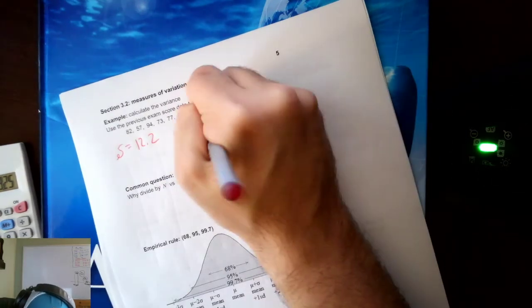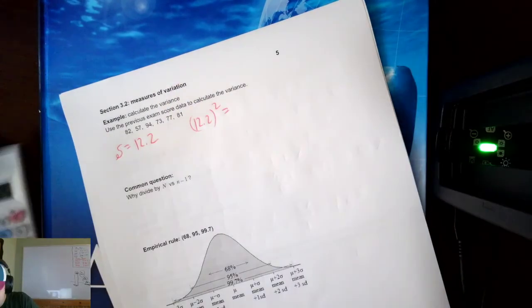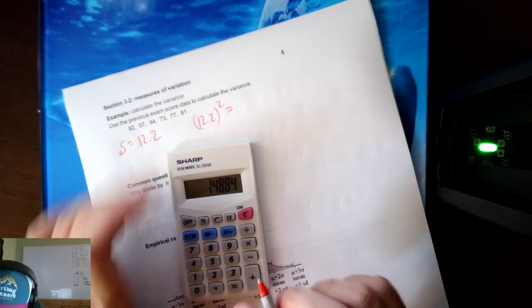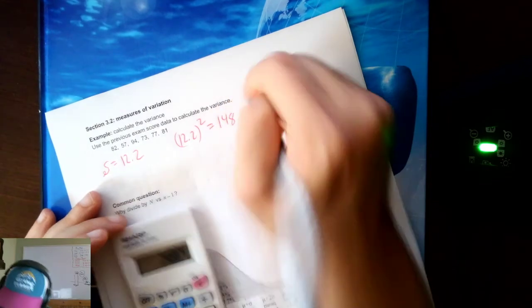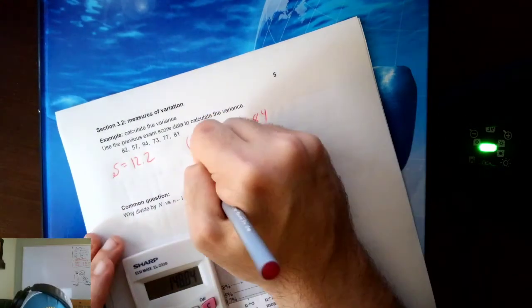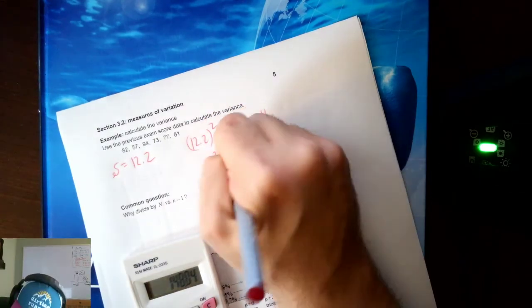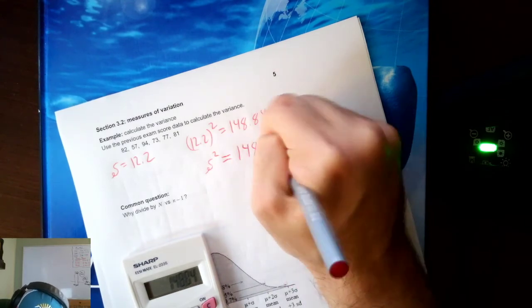Now I need to do 12.2 squared. Well, 12.2 times 12.2 gives me 148.84, which means my variance, which has the symbol s squared, is equal to 148.8.